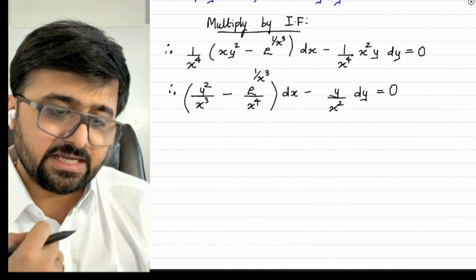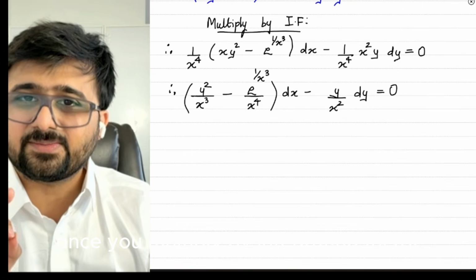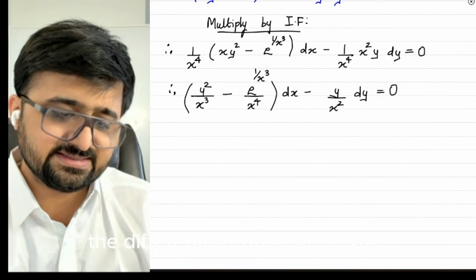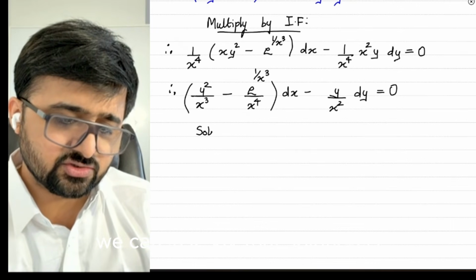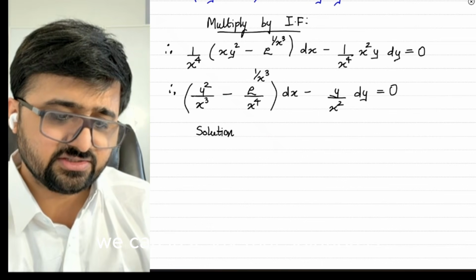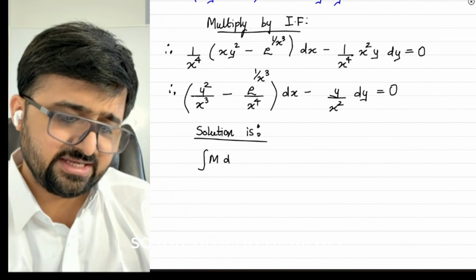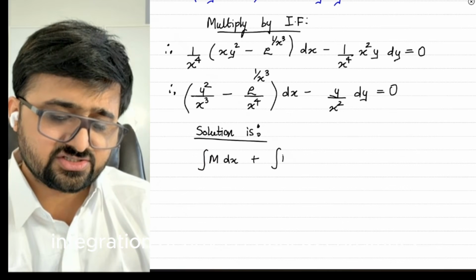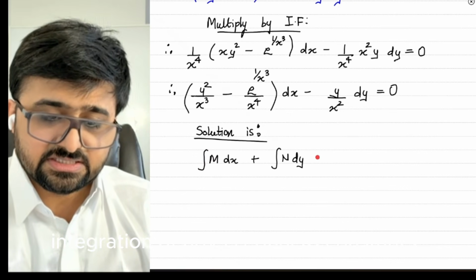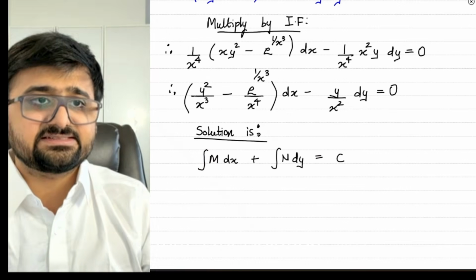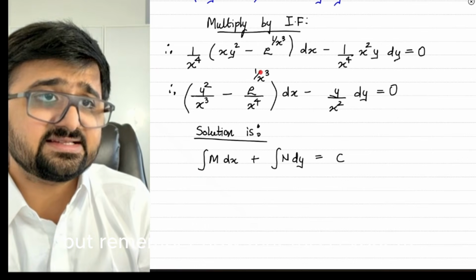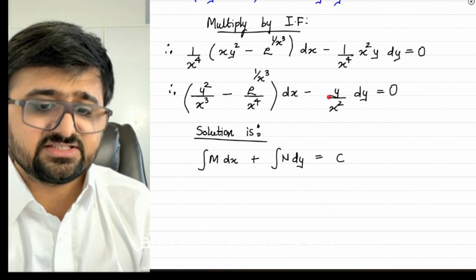Since we know that once you multiply by the integrating factor the differential equation is exact, we can say that the solution is integration of m dx plus integration of n dy is equal to constant c. Remember that this is your m and this is your n.